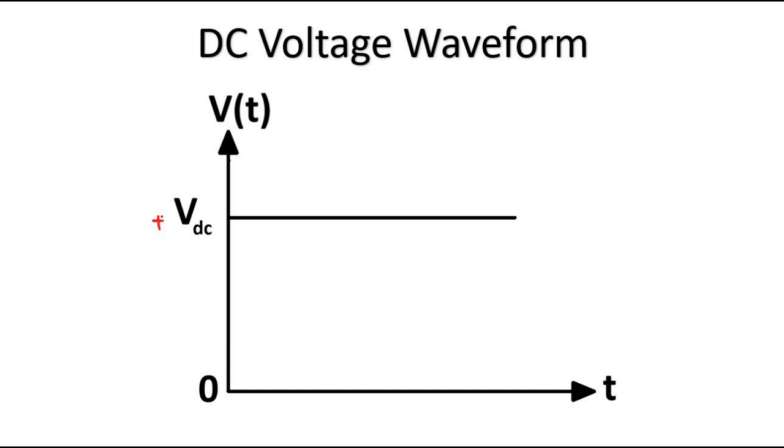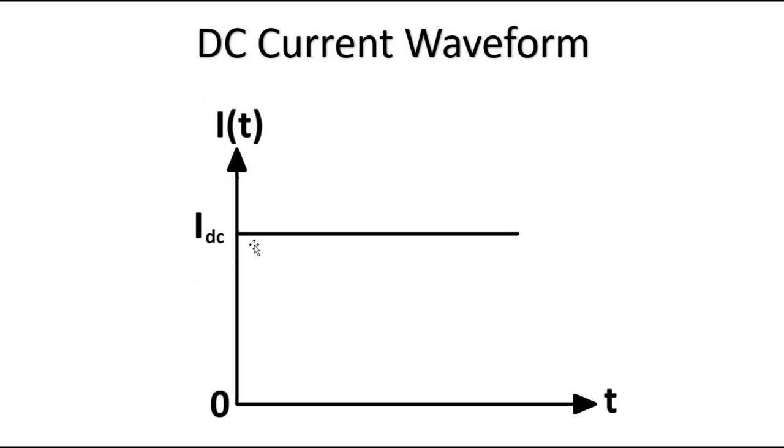There is no fluctuation, no variation in the magnitude, so it is a constant, a straight line parallel to the time axis, and the resultant current is also the same.